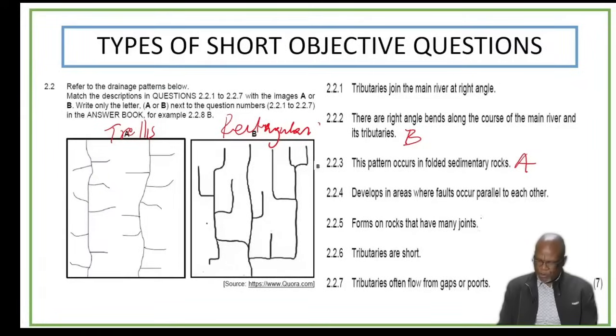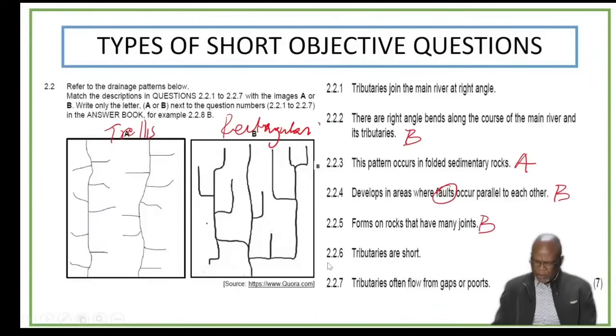This one will be your B, where there are faults or joints, developed in areas where the faults occur parallel to each other. So there's a fault parallel to each other here. So long as you see the word faults there, the faults are parallel to each other, that one will be B.